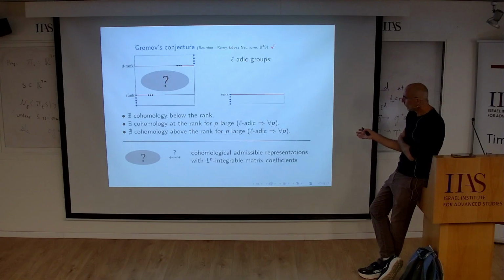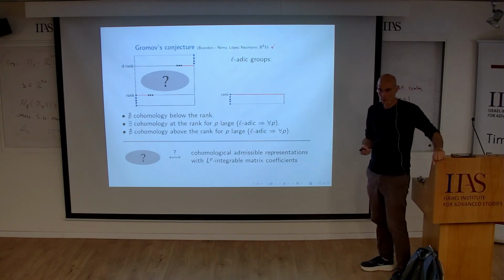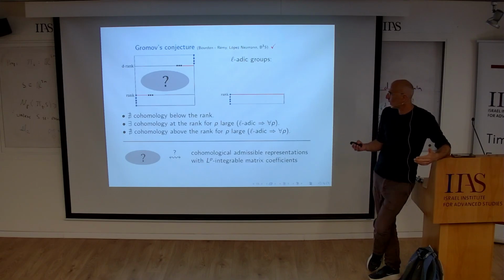Just to remind you, I mentioned earlier the work of Vogan and Zuckerman about unitary cohomological representations. They looked at the unitary dual of G and understood which irreducible representations do have cohomology.